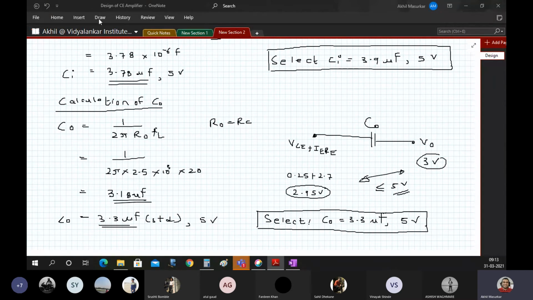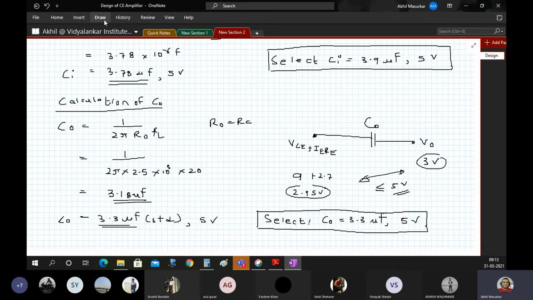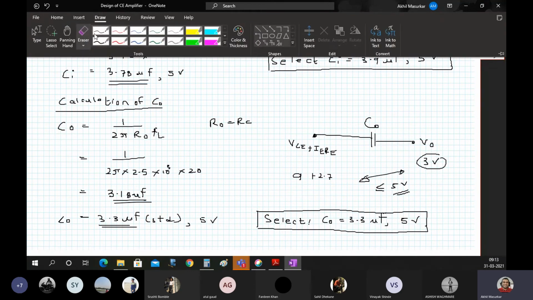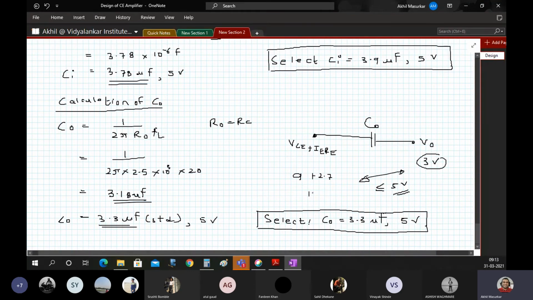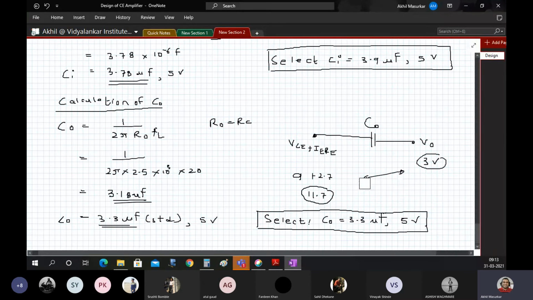Oh, sorry, there is one small mistake here. Here this VC is the VCQ. So this is going to be 9 volts, and this will be 11.7. So the difference is going to be more than 5 volts. So the next standard value is 12.